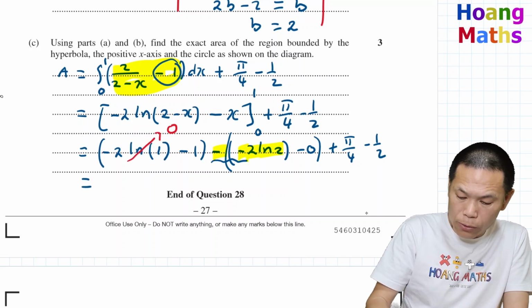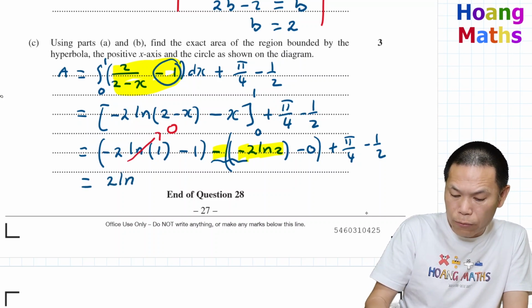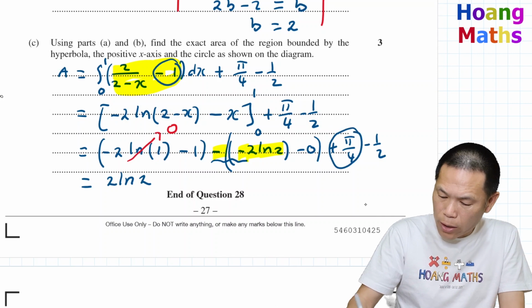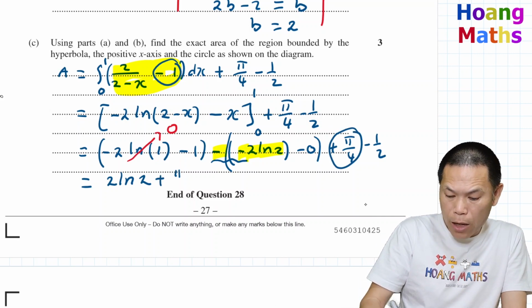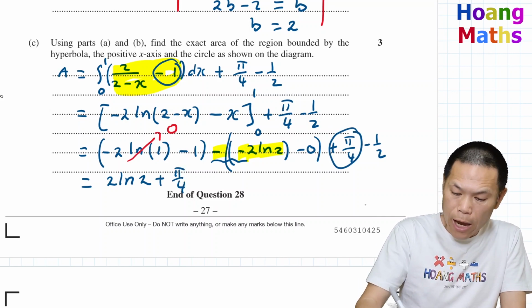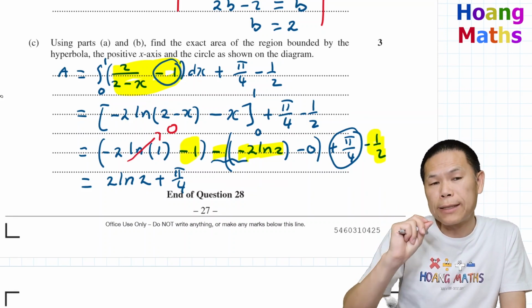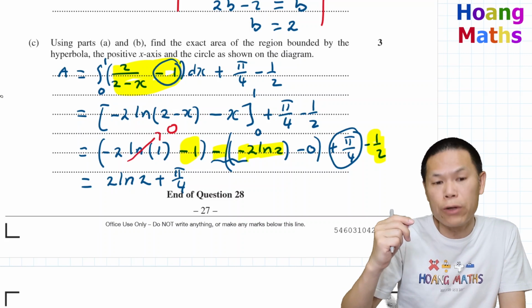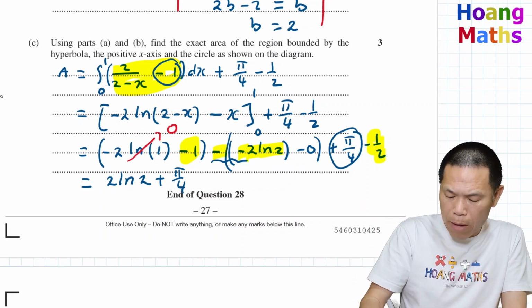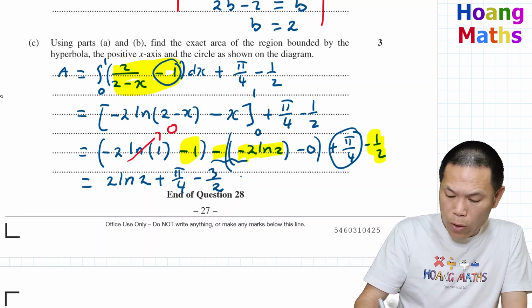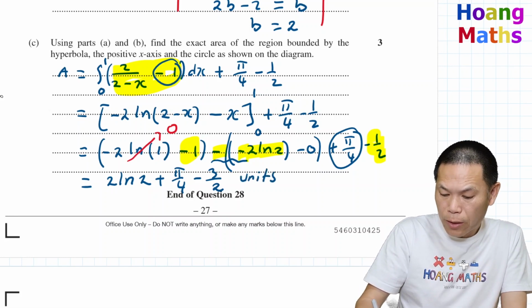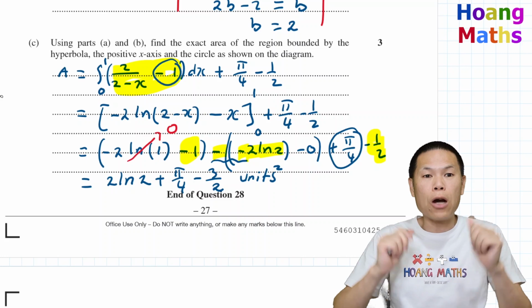So that is equal to 2 ln of 2, plus pi over 4, and we have -1 minus a half. So 1 plus a half is 1.5 or 3 over 2. So that becomes minus 3 over 2, square units, if you like. So there you go.